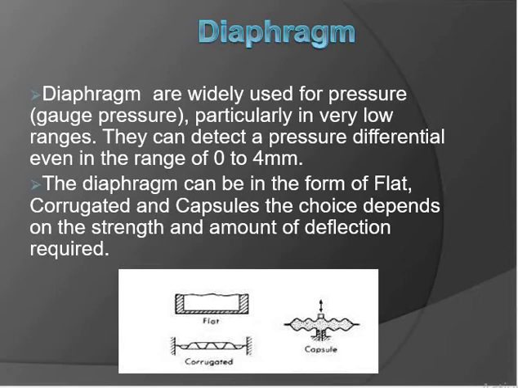We have pressure differentials, even in the range of 0 to 4 mm, and we can measure this pressure range with the help of diaphragms. The diaphragm can be flat, rectangular, capsule shaped, or corrugated. We can also measure with different flat surfaces, and there is a balloon type.